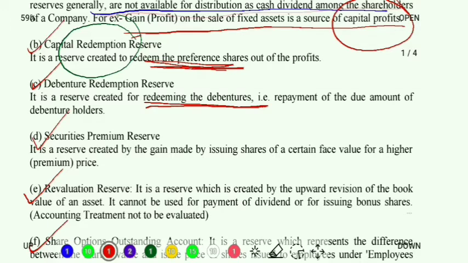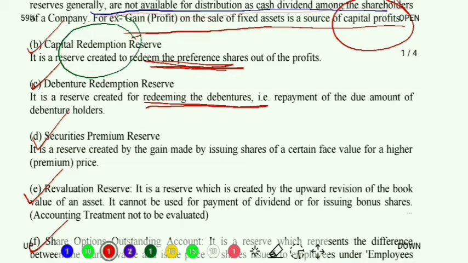When I offered the debentures, the debenture holders gave me a huge amount of money, which was actually a loan for the company. Now I am repaying the loan amount. I am redeeming my debentures. For redeeming the debentures also I need some money, and that money is taken from the reserve which is called the debenture redemption reserve.